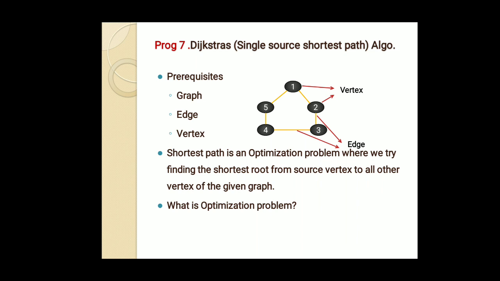Now what is this concept of shortest path? Shortest path is termed as an optimization problem concept. An optimization problem is nothing but whatever problem we consider in terms of either minimizing or maximizing the results, which would be considered as optimization problems, right?